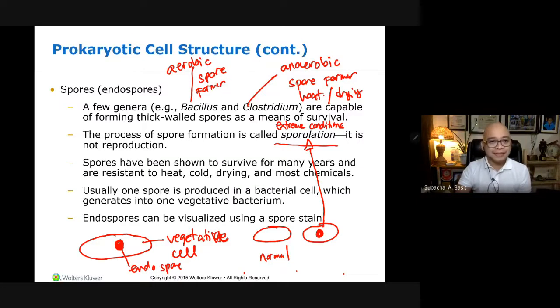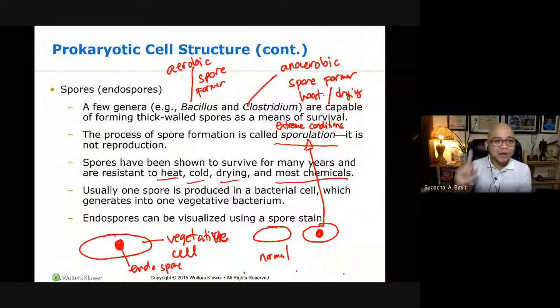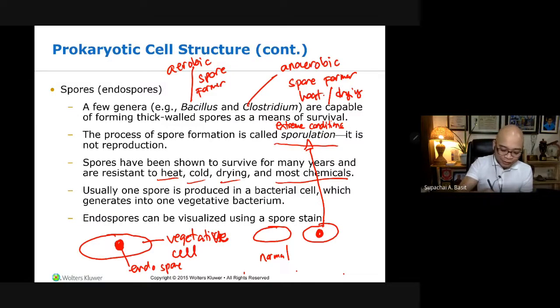Spores have been shown to survive for many years and are resistant to heat, cold, drying, and most chemicals. So we cannot just easily destroy spores. Usually, one spore is produced in a bacterial cell, which generates into one vegetative bacterium. So this is the cell with one endospore.